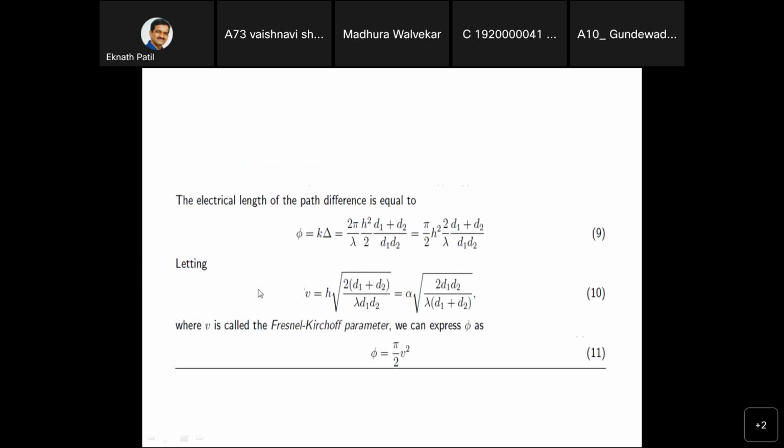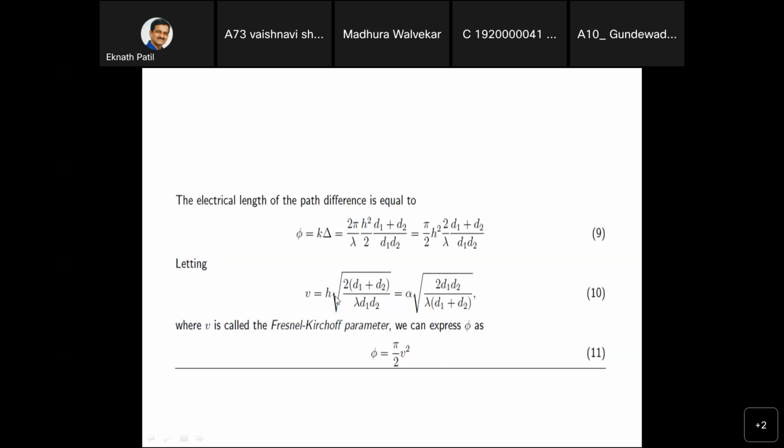Now letting v be equal to this, it's the Fresnel-Kirchhoff's parameter, that is, v is the Fresnel-Kirchhoff's parameter. We can express phi as phi is equal to pi by 2 v square.